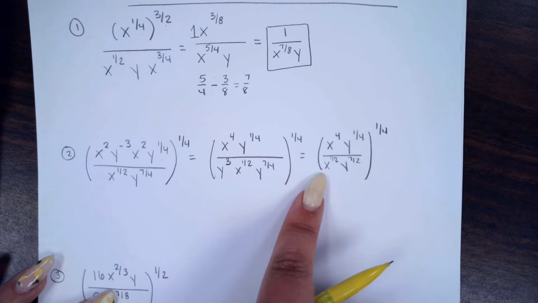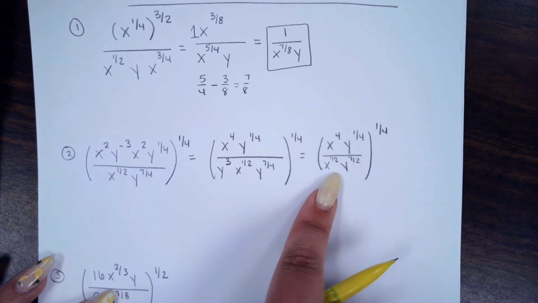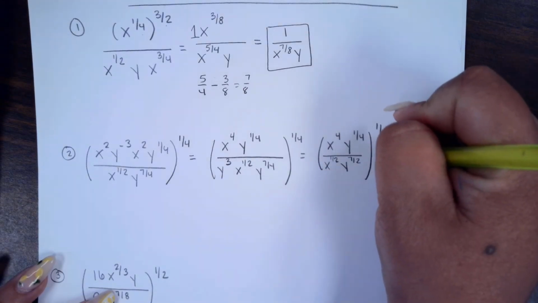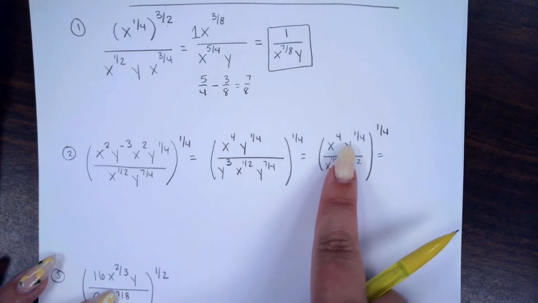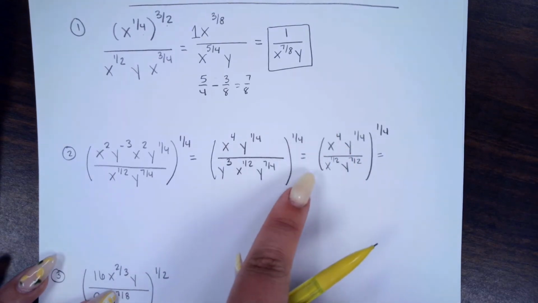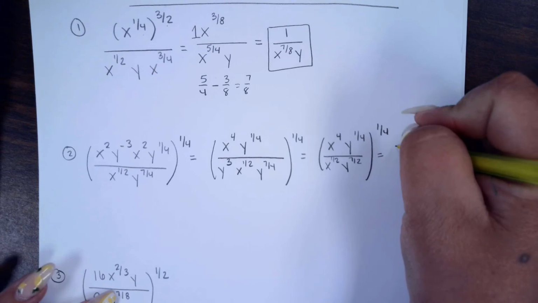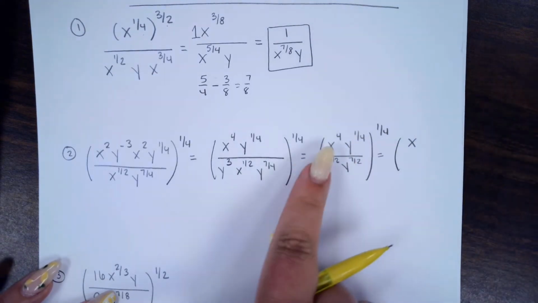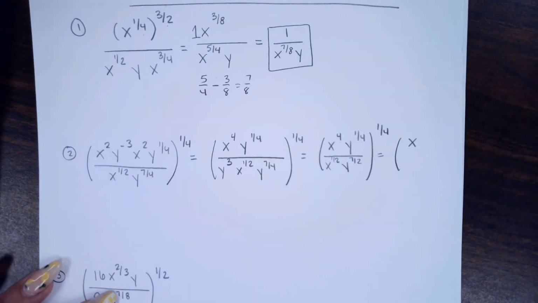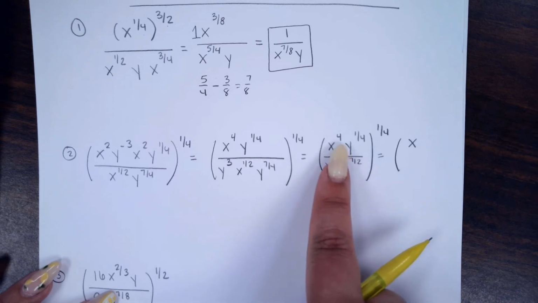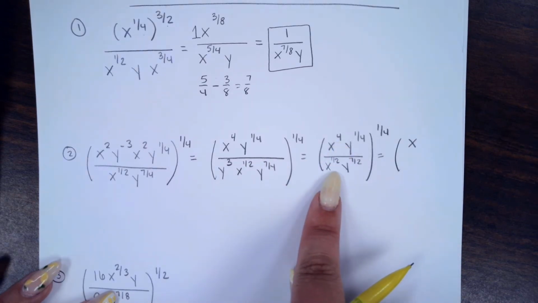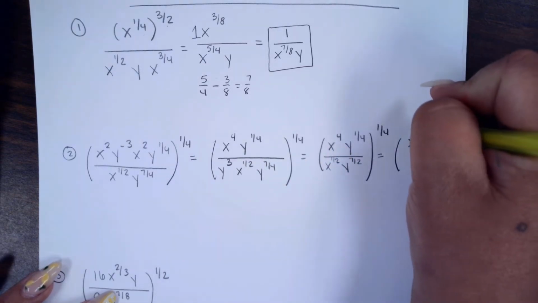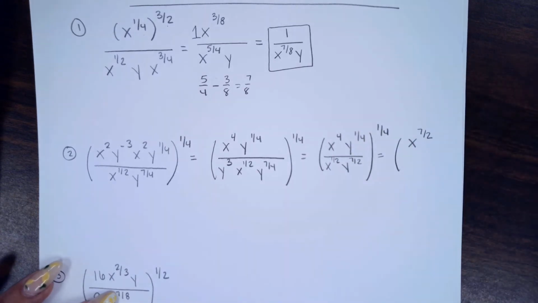Now I've got x's in the top, x's in the bottom, y's in the top, y's in the bottom. So I can simplify these. Let's look at the x's first. I have x to the 4th and x to the 1/2. So that means when I simplify it, I have more x's up top. So when I subtract, I'm going to do 4 minus 1/2, and I will get 7/2.